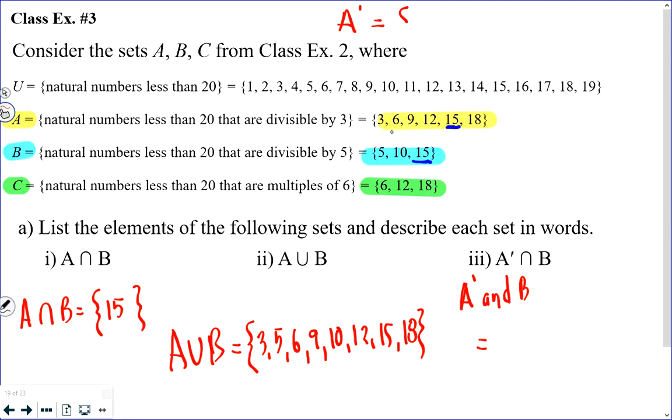Not A are all of the numbers from the universal set that are not in A. 1, 2, 3 is in there. 4, 5, 6 is in there. 7, 8. 9 is in there. 10, 11, 12 is in there, 13, 14, 15 is in there, 16, 17, and 19.